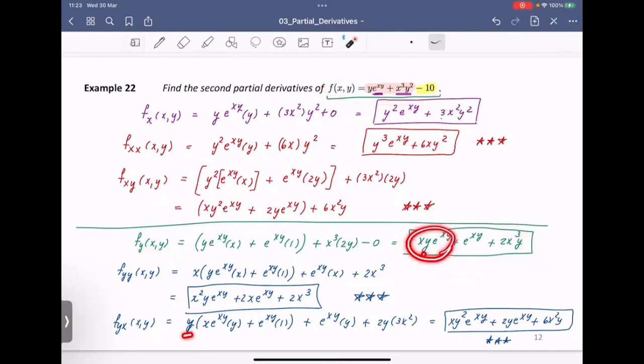So I pull out y immediately. And then have x e to the xy, which I have by using the product rule. Okay. I have e to the xy here, y is constant. So it's going to be e to the xy times y. Because I differentiate with respect to x, y constant, yes.